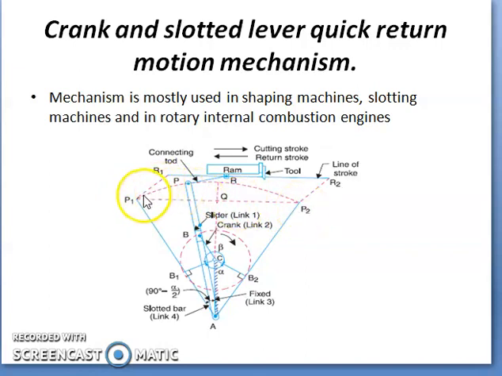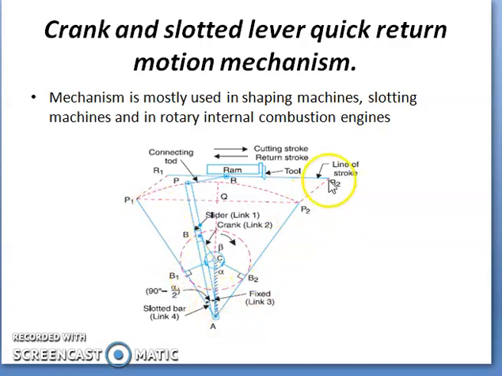When it is at P1, it will be at the position R1. When it is at P2, the ram will be at the position R2. When it is moving in this direction from R1 to R2, that is called the cutting stroke. When it is moving in the reverse direction, that is called the return stroke.